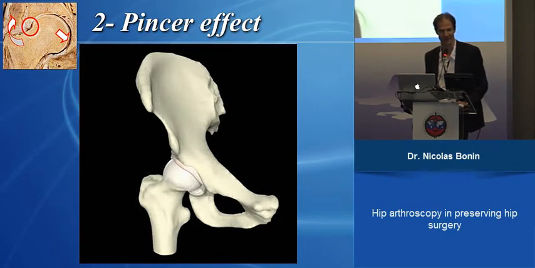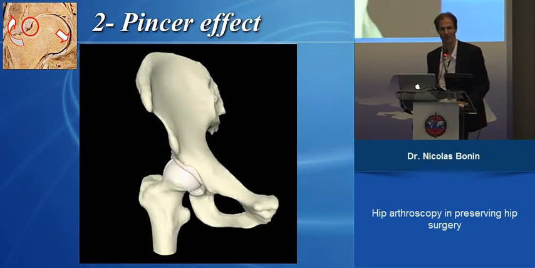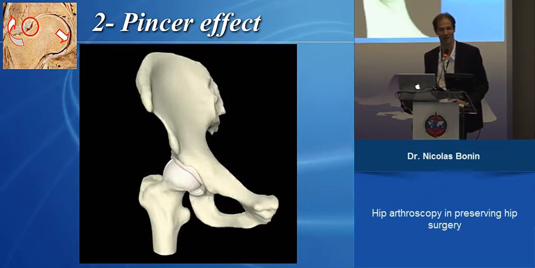Then it will extend on the anterior superior acetabular rim, and we can have a contrecoup lesion. A contrecoup lesion is secondary to the decoaptation of the head that will make a lesion on the posterior inferior part of the acetabulum. And this will lead to posterior inferior osteoarthritis that we can see sometimes in patients with protrusio, for example.